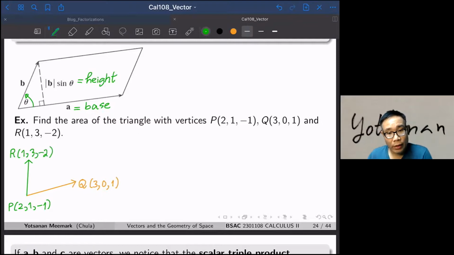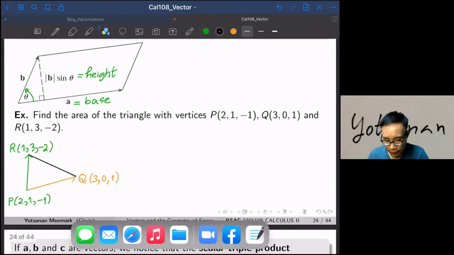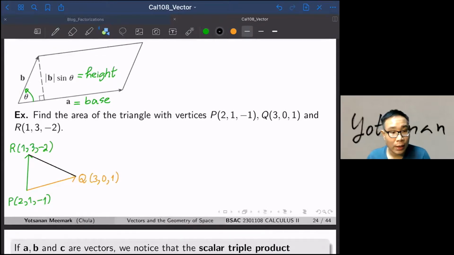You would like to find the area of the triangle PQR.